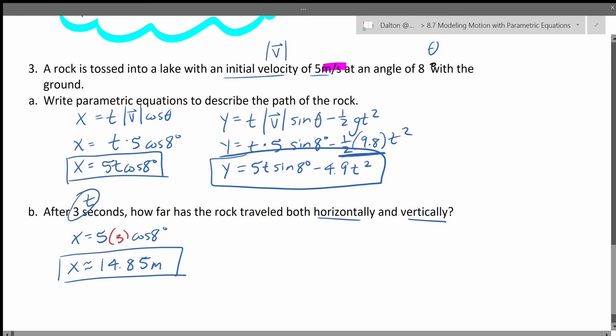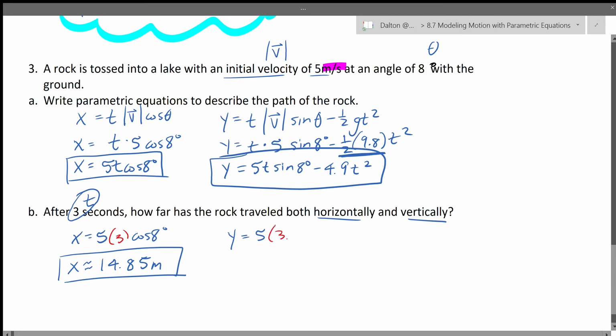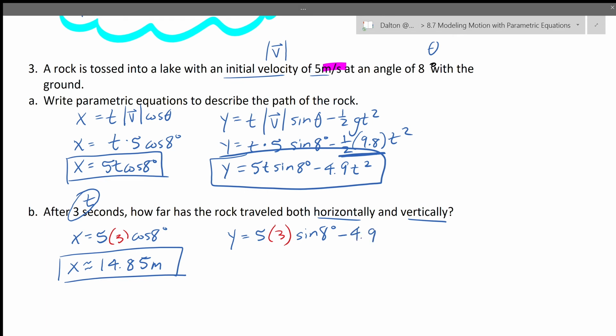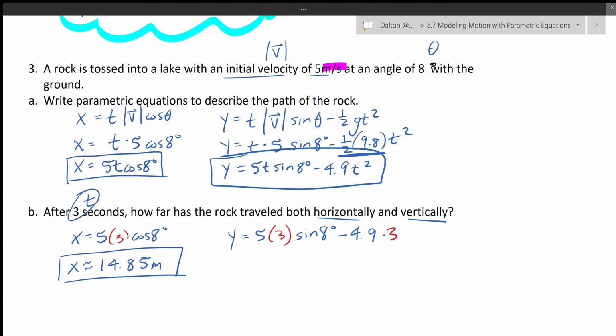Substitute in the same value into the y equation. Y equals 5 times 3, since time is 3 seconds, times the sine of 8 degrees, minus 4.9 times 3 squared.